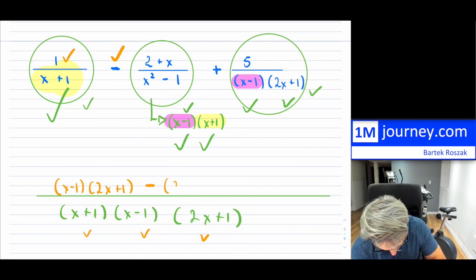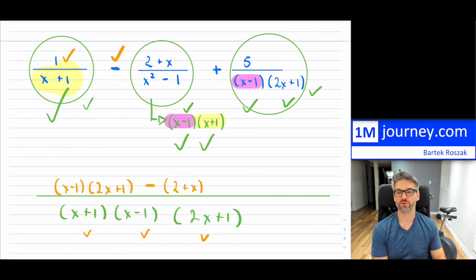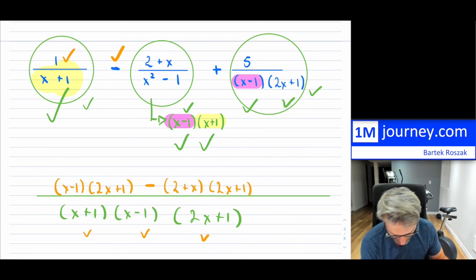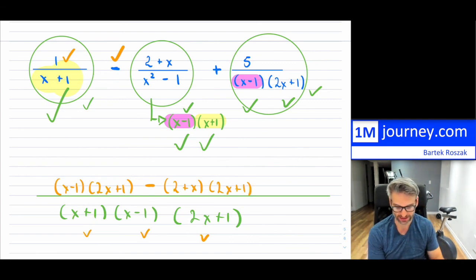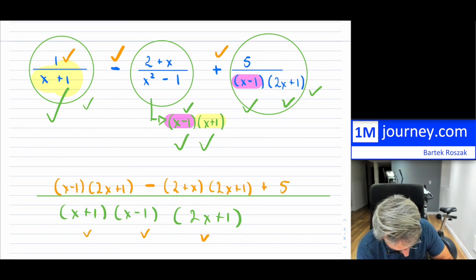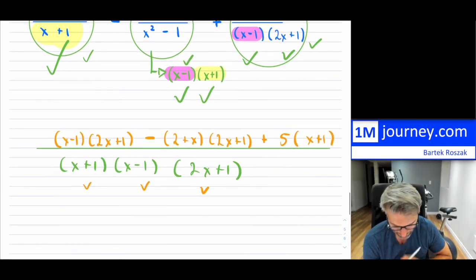Now, put this always in brackets, because you want to properly know that that is the numerator. Now, that numerator, I'm going to have to multiply by 2x plus 1, which I didn't have in the denominator, and then plus, finally, 5 multiplied by x plus 1. That was the only thing missing there.